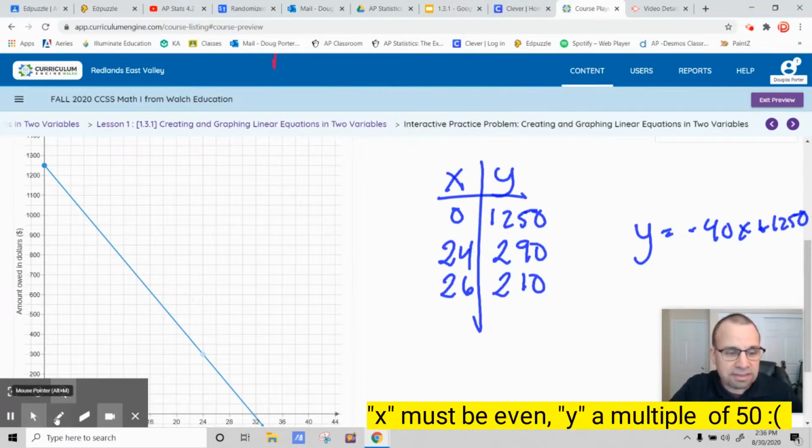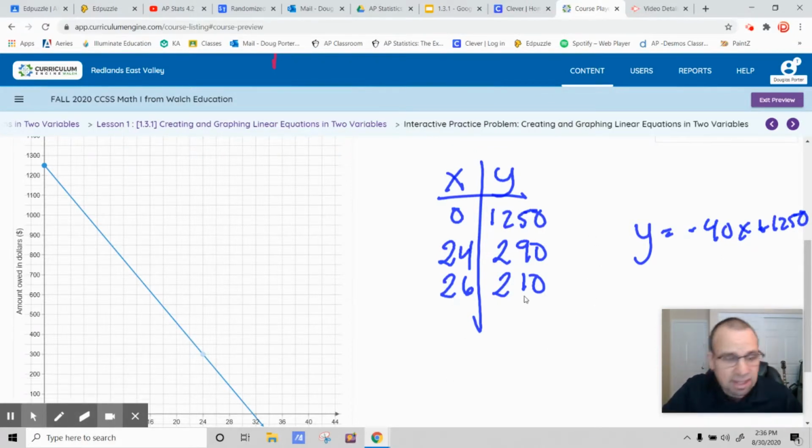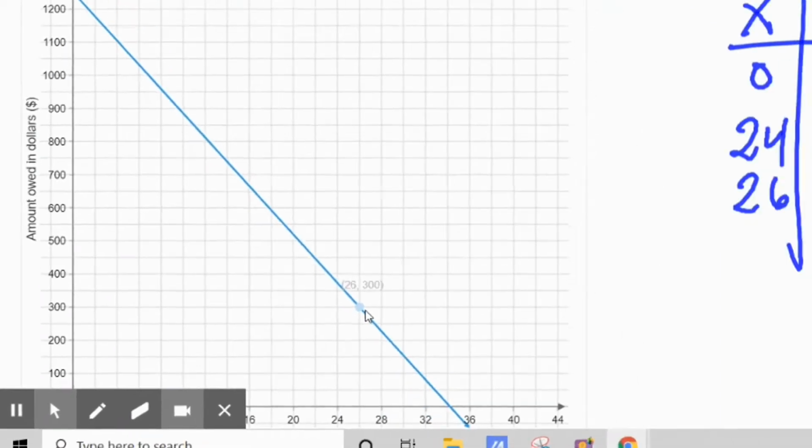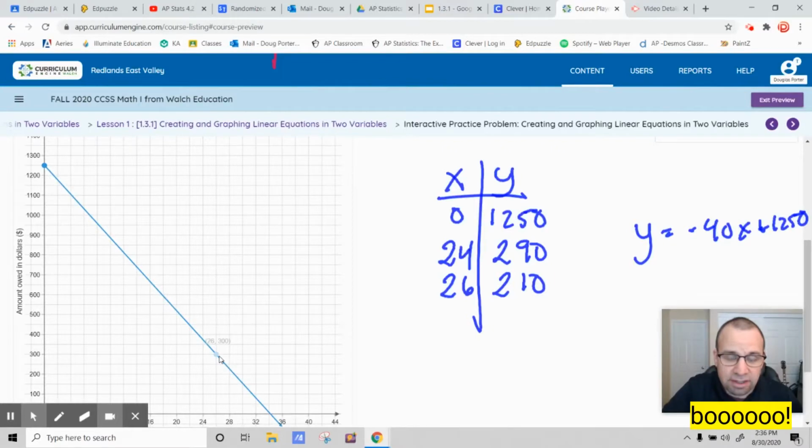As you can see, this is becoming a little frustrating, because if I want to plug in 26, I'm trying to get 210 here, and 26 will only let me go to 300. If you can see, it's really tiny right there. So I'm going to just see here.